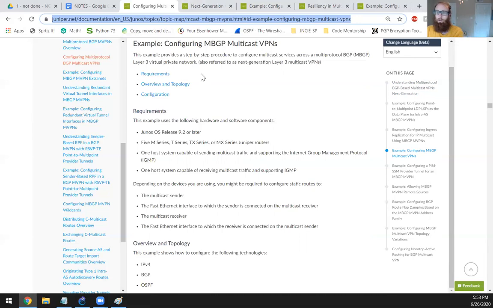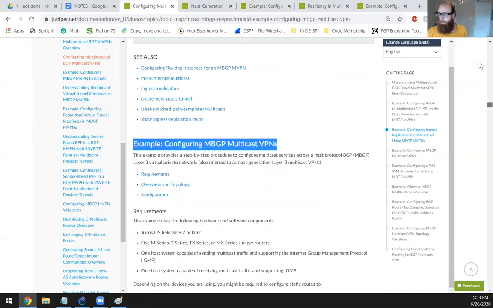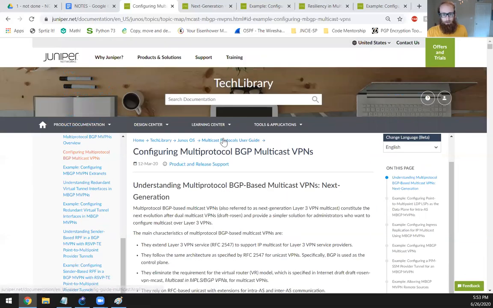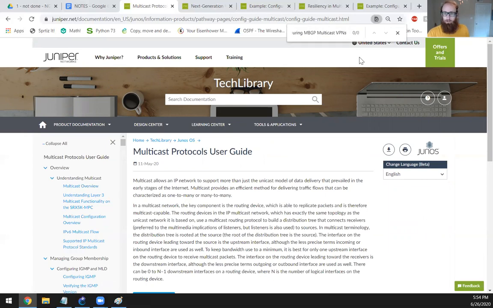just configuring MBGP multicast VPNs. And look, it's something that's hidden on this page, and I can't tell. Like if I go back to the multi-protocols user guide, I don't have any way to find that.